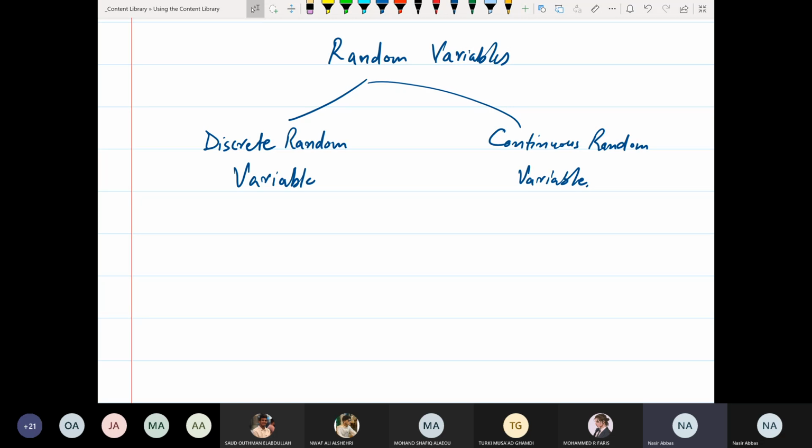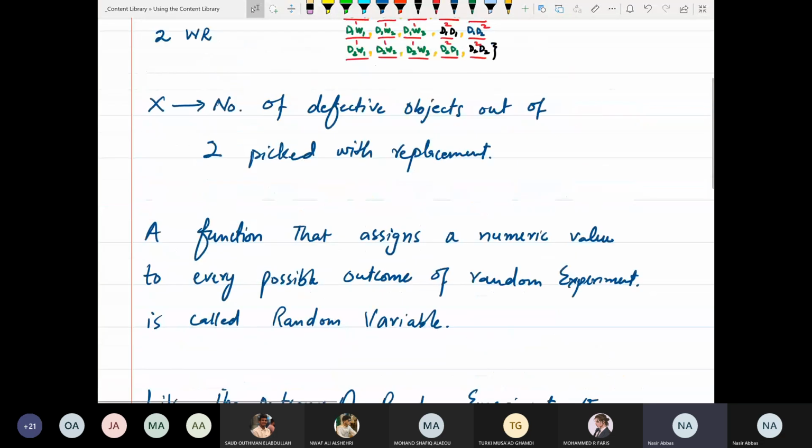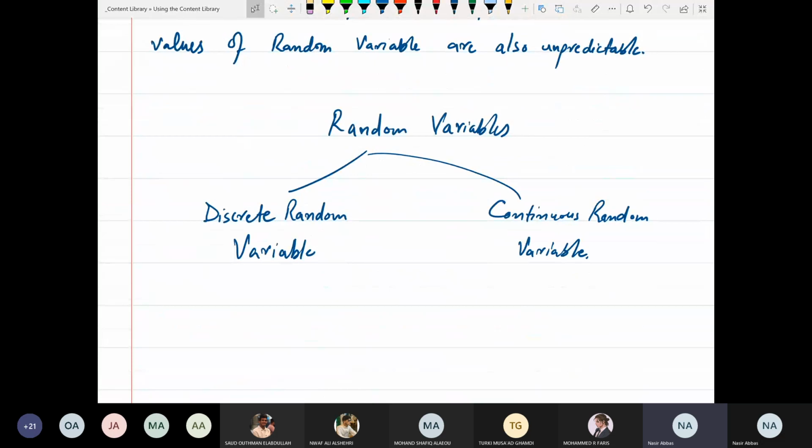Is this number of defective items a discrete random variable or a continuous random variable? Forget about what the values of X are, that's more detail. Yes, discrete like integers, and continuous like rational numbers.